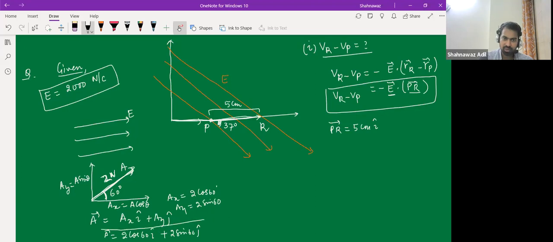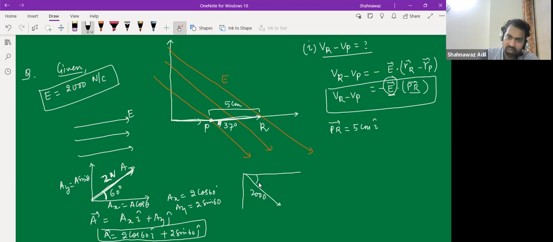Do you guys remember now, or understood? Yes. Okay, so again, let me go back to this question. We want to calculate what is this electric field, right? But what is given? This is given. So this is 2000, right?